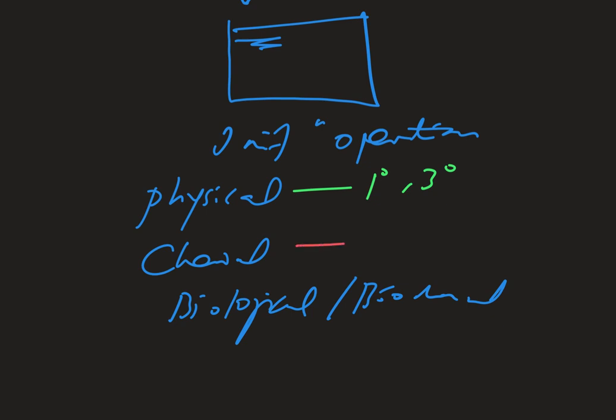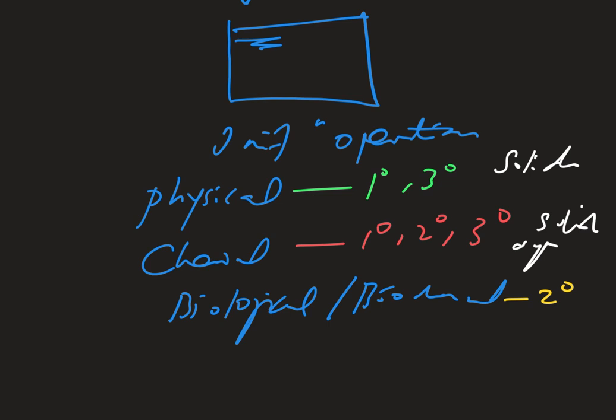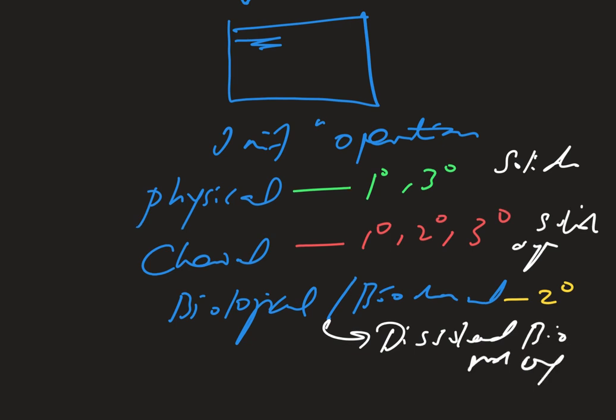This process can be primary, secondary, or tertiary even. Biological we normally classify as secondary process and above. The physical process is to remove solids normally. Chemical process also removes solids and dissolved organics. Biological process normally removes dissolved biodegradable organics. Okay, so this is what it is.